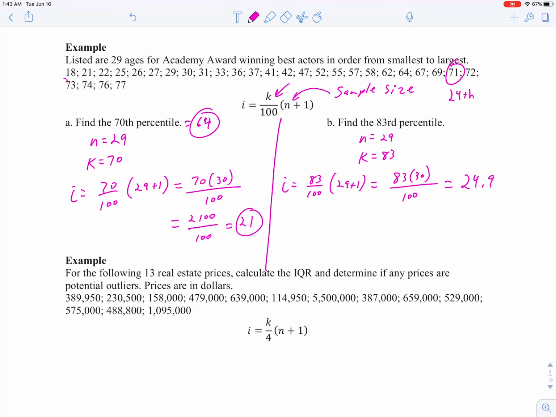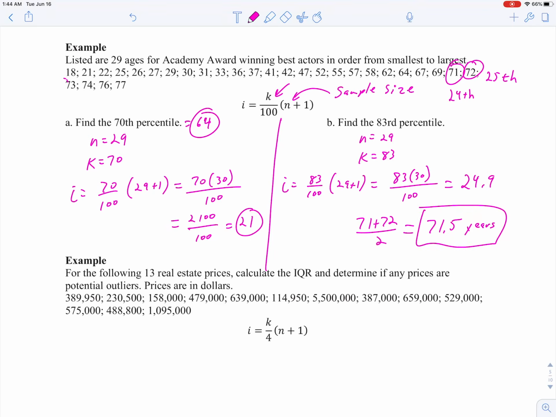So 71 is the 24th data point. Then we go up one more to the 25th data point, and we're going to average these two data points out. In other words, we do 71 plus 72 over 2, which is 71.5 years.